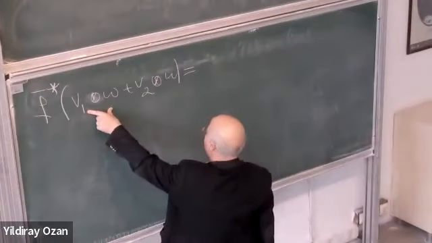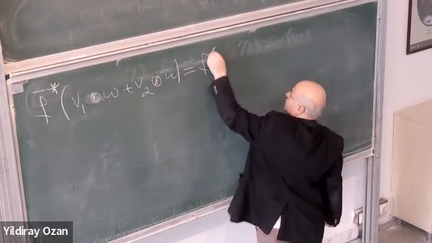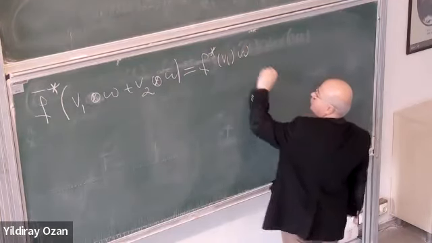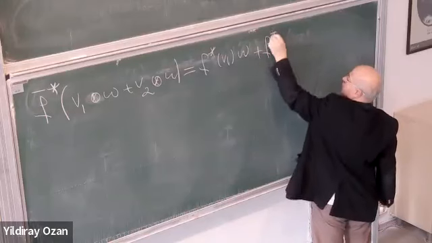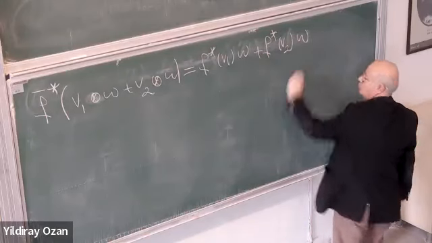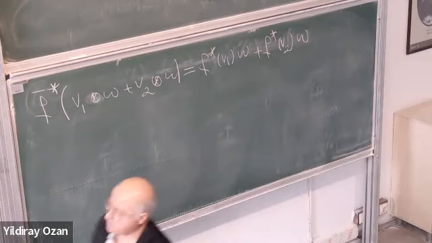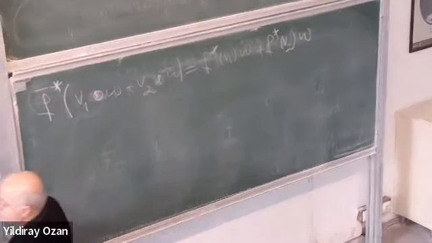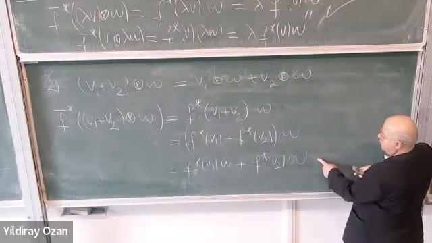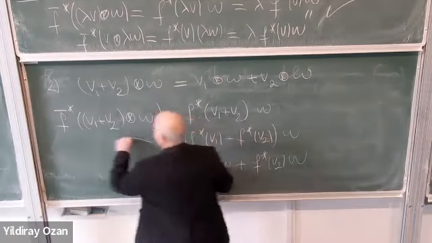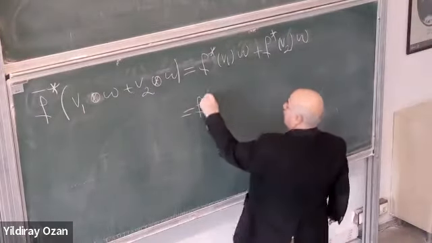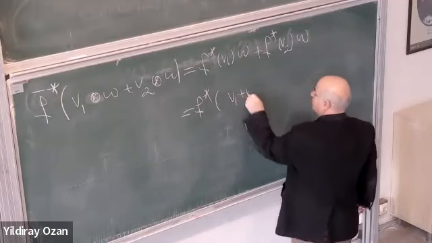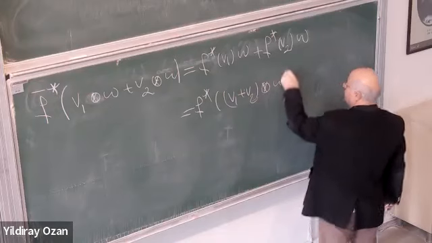F star of V1 times W plus F star V2 times W. Well, it is the same thing as this one. We get the same thing. Therefore, that thing is equal to this gadget. So this is just F bar star of V1 plus V2 cancel W.